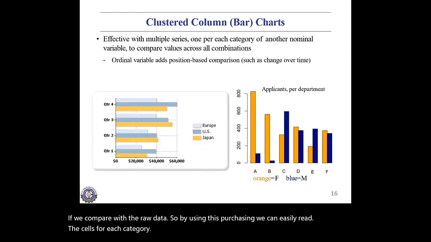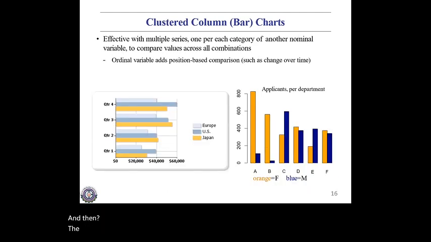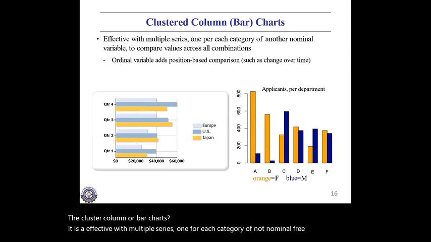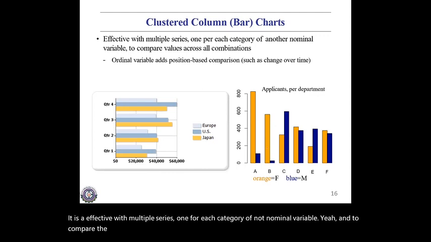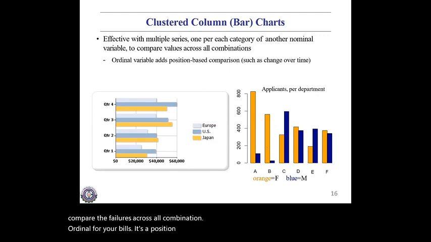And then the clustered column or bar chart is effective with multiple series, one per each category of another nominal variable, to compare the values across all combinations. For ordinal variables, it's a position-based comparison.